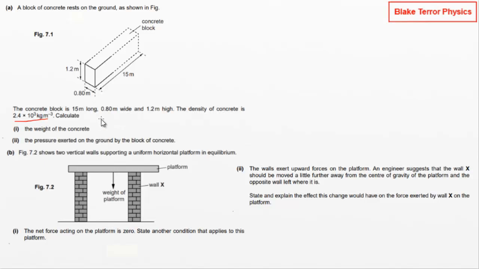Right, so we need to do the volume multiplied by the density multiplied by g. So we've got 15 multiplied by 0.8 multiplied by 1.2 multiplied by 2.4 times 10 to the 3 multiplied by 9.81.